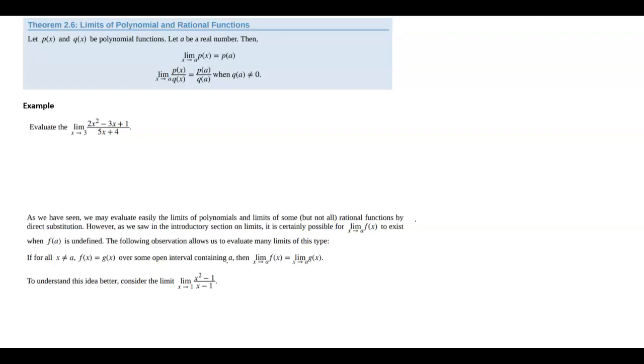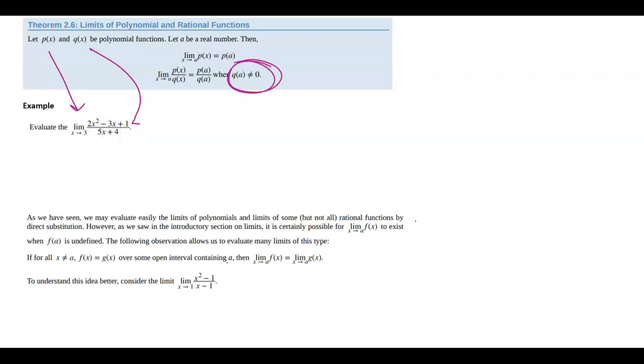So this is going to be an example of that limit law for the division. If you want to think about in this example, this is like my p of x, and this is my q of x. Now the first thing we want to make sure every single time is that that denominator function is not 0.